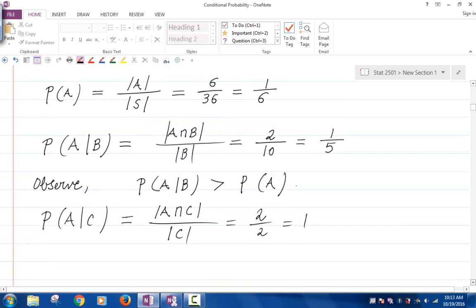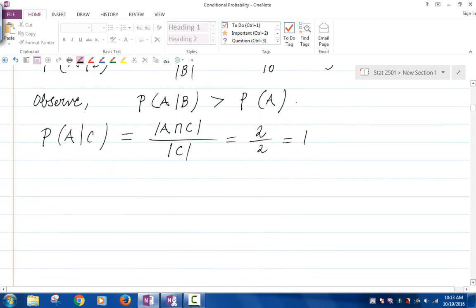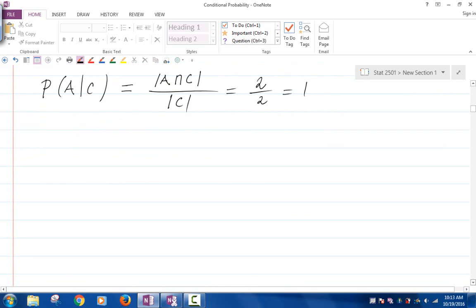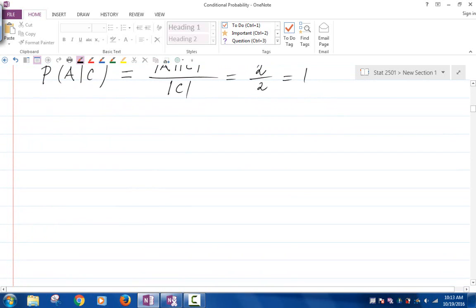So I want to rewrite the conditional probability of A given B. Remember, in the two examples that we did so far, the outcomes were equally likely, but there are problems where the outcomes are not equally likely.